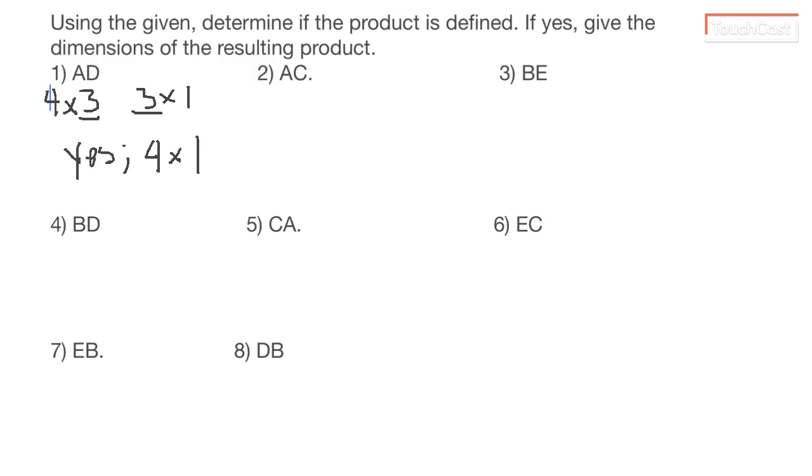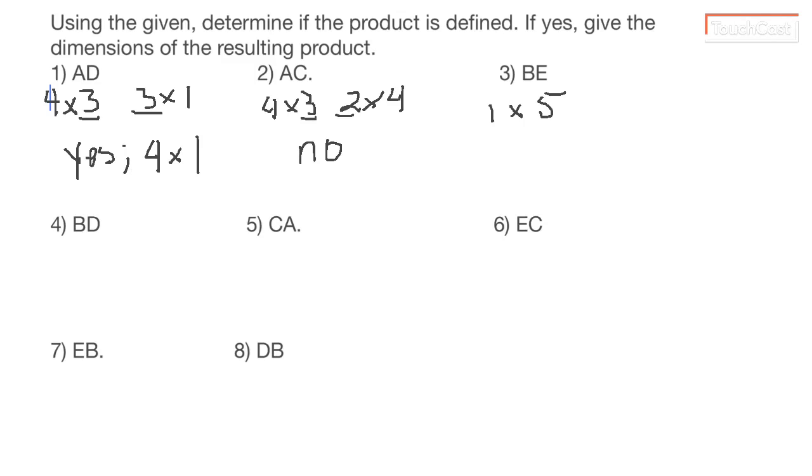AC. So A, we know that's a 4 by 3 matrix. C, we've got 2 rows, 4 columns. That means it's a 2 by 4 matrix. The number of columns in A does not match up with the number of rows in C, so we cannot find that product. In BE, B is just a simple row matrix. It's got 1 row by 5 columns.